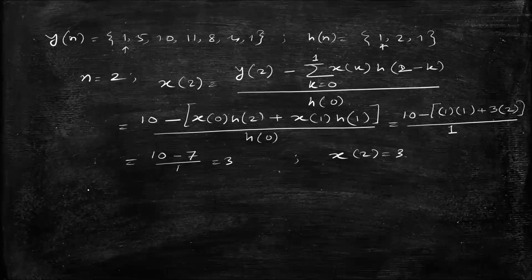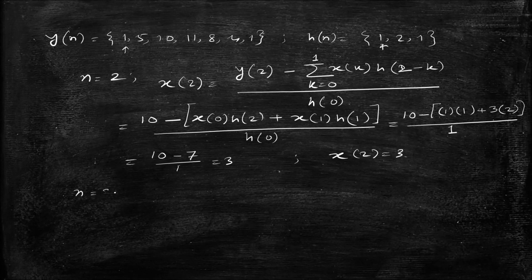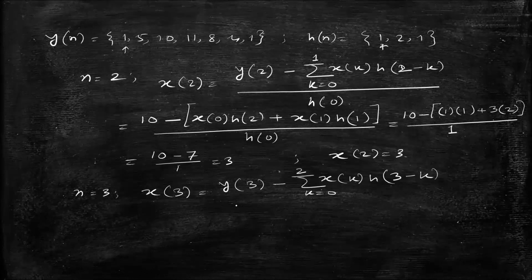Okay, now n equal to 3. So for n equal to 3, what will be the value of x of 3? y of 3 minus summation of k equal to 0 to n minus 1, 3 minus 1, that is 2, x of k h of n minus k, that is the value of n is 3, 3 minus k by h of 0. So h of 0 is 1.